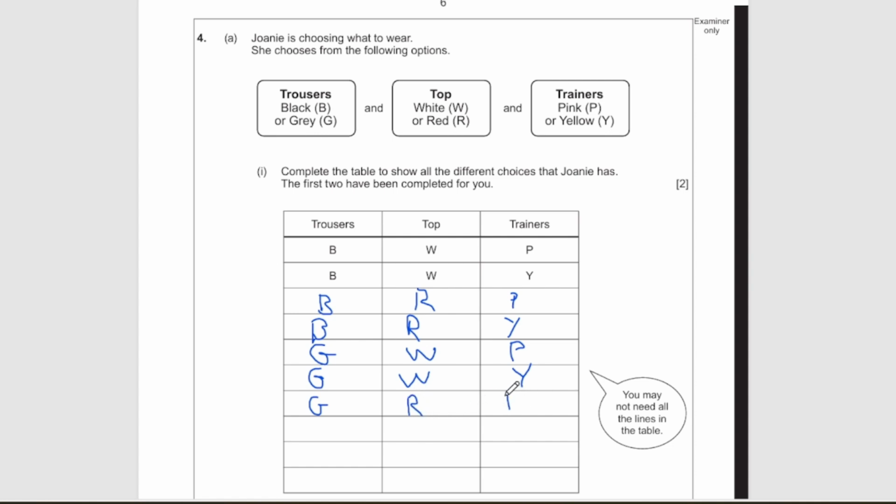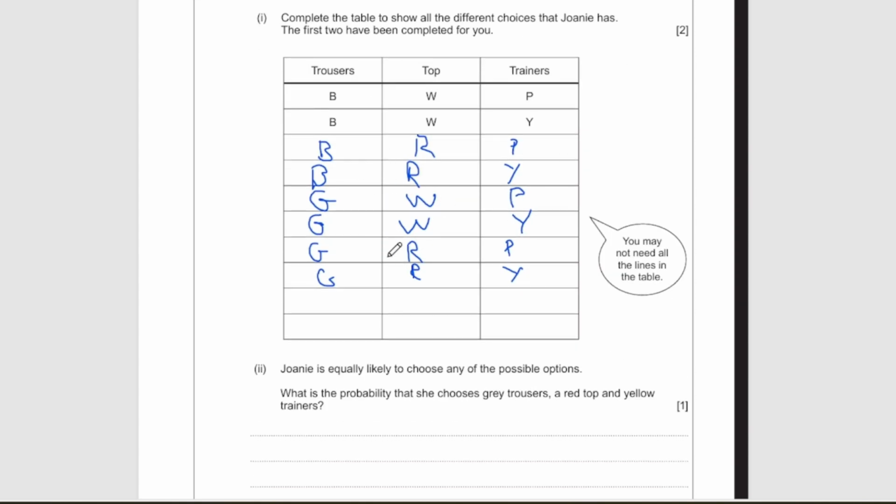Grey, red and pink. And grey, red and yellow. And unless I've missed one, I think that's all of them. Black, white, pink, black, white, yellow, black, red, pink, black, red, yellow. Grey, white, pink, grey, white, yellow, grey, red. Yeah, that's all of them.